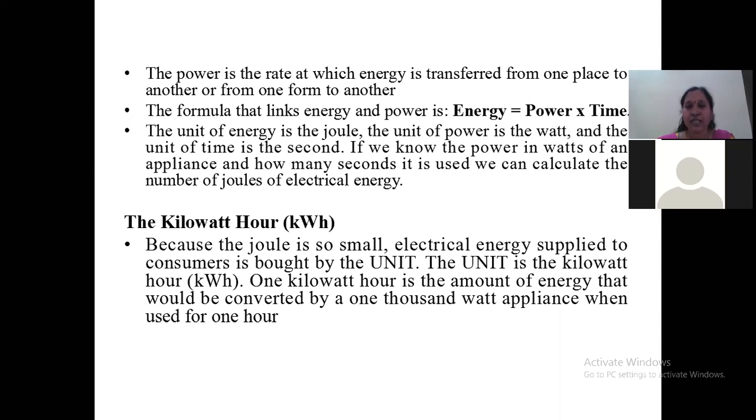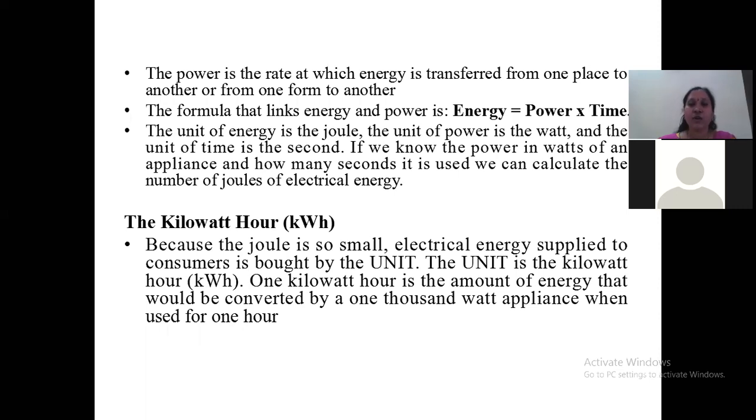The formula for the energy is power multiplied by the time. So the unit of energy is joule, the unit of power is watt and the unit of time is second. So if we know the power in watts of an appliance and how many seconds it is used, we can calculate the number of joules, or the electrical energy consumed.